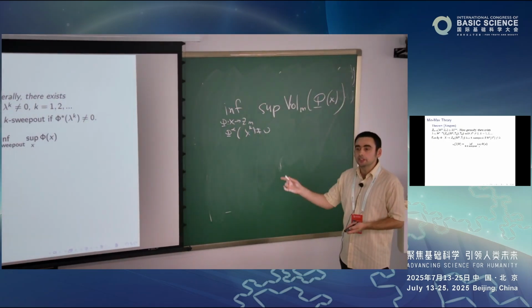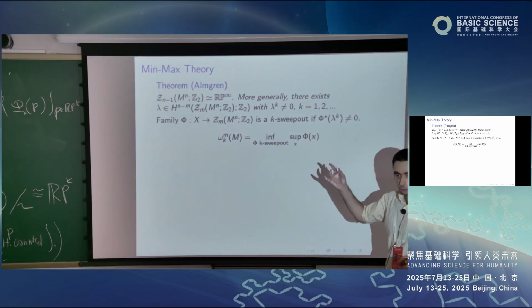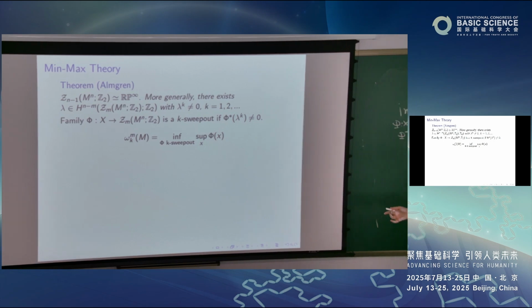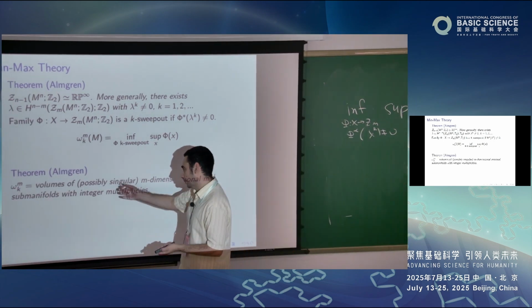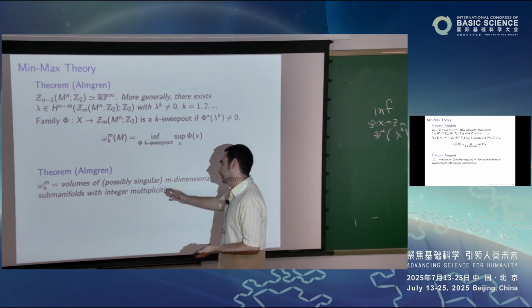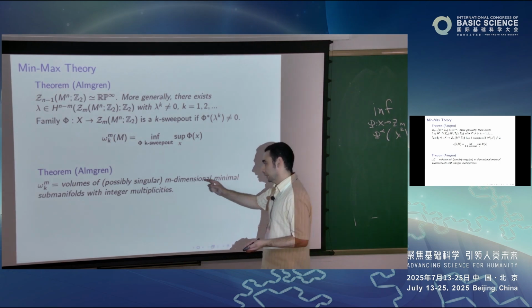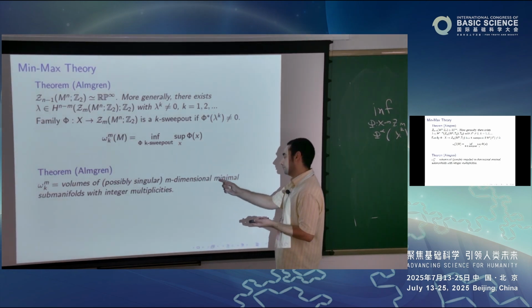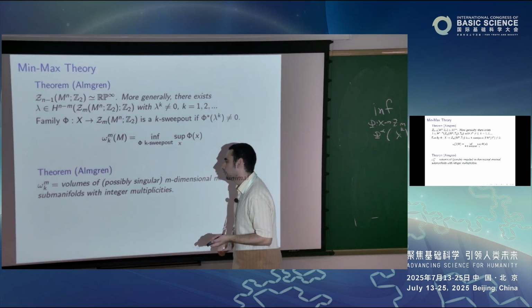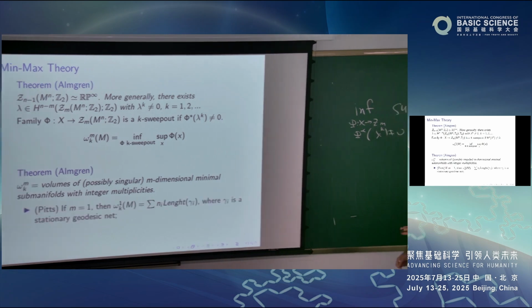And we hope that this way we detect critical points of the volume functional, which are known as minimal submanifolds. And indeed, that was proved by Almgren in the 60s: each of these values will correspond to volumes of some combination of m-dimensional minimal submanifolds, but in general they can be quite singular.